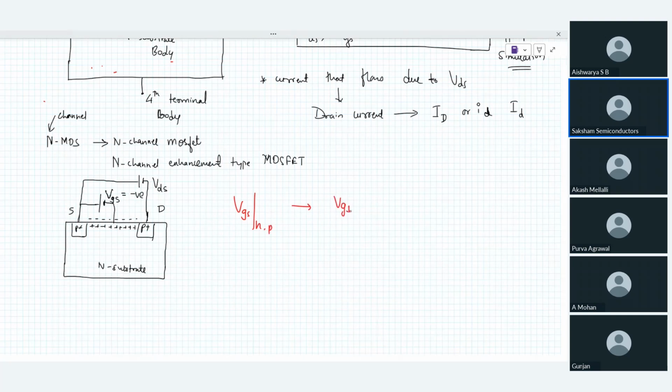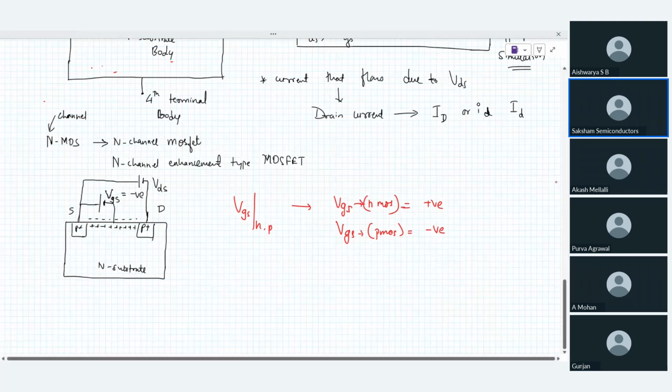For an N-type MOSFET, my VGS would always be positive, and if I use the same VGS for my PMOS, it would always be negative. That means when you analyze your PMOS, your analysis would go with respect to negative voltages, and when you analyze your NMOS, with respect to positive voltages.